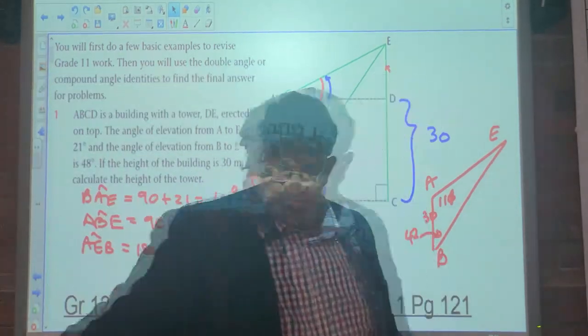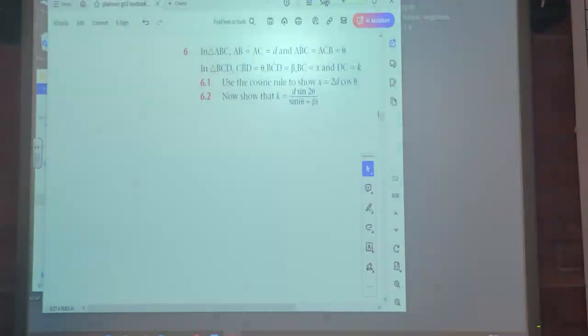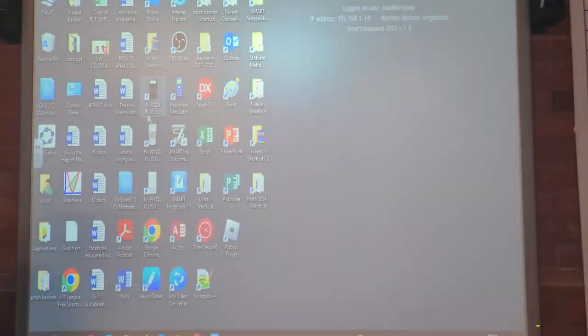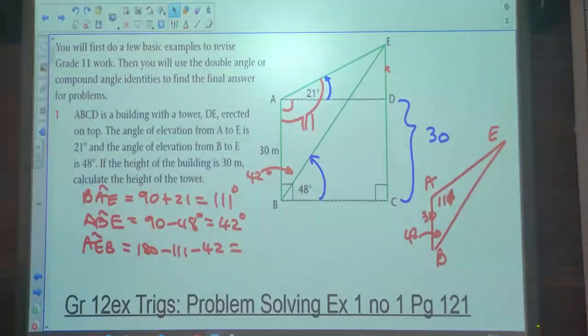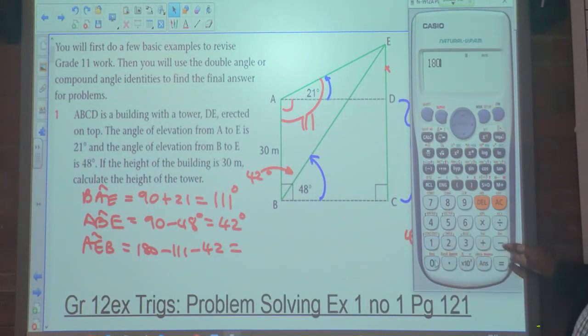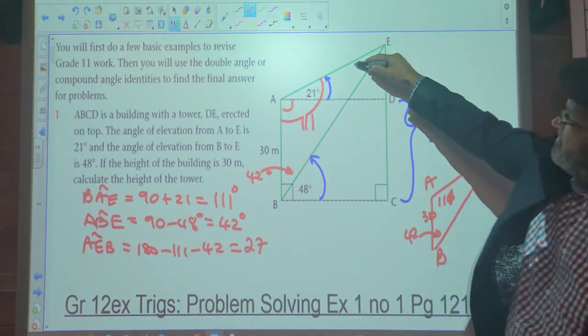That gives you 27 degrees. The angle is of course 27 now.